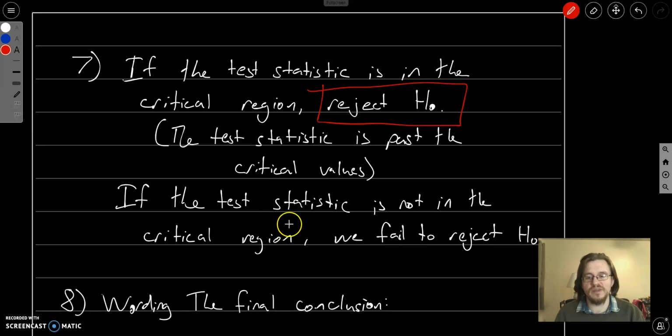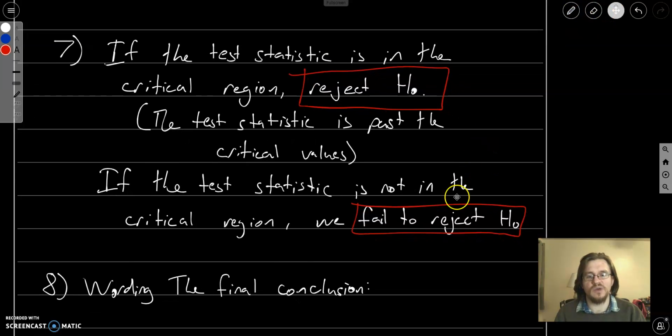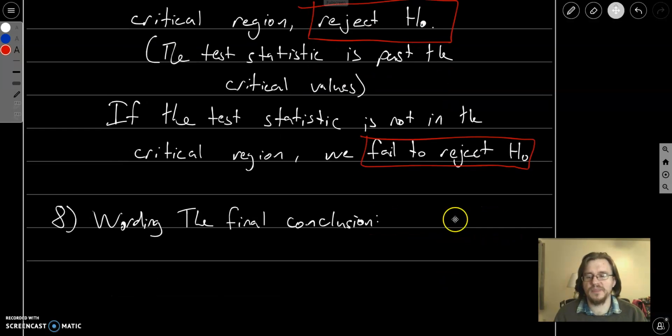Or it could be that the test statistic is not in the critical region, in which case we'll just fail to reject H0. So in this case, our test statistic is not so unusual that it couldn't have happened by chance, in which case we can't reach any conclusions.